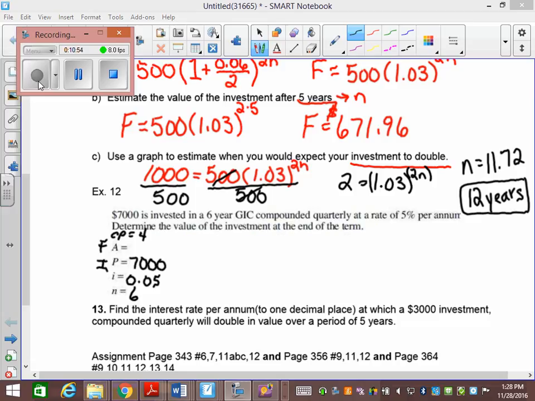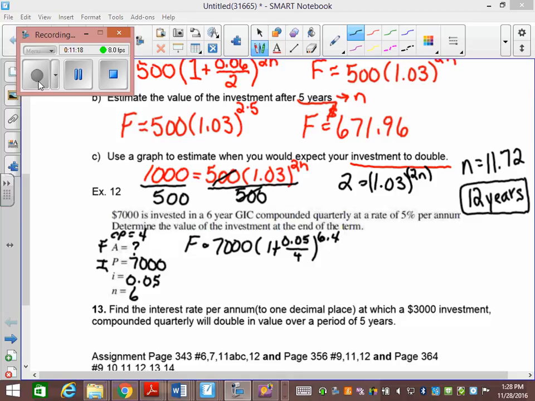To decimal. Determine the value of the investment at the end of the year, so we want the final value. So final equals initial times 1 plus 0.05 divided by 4. And then this is going to be 6 times 4.